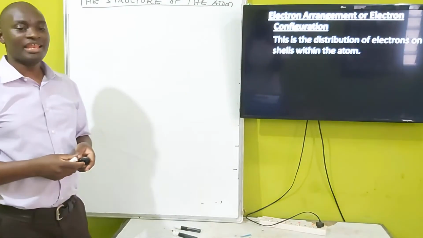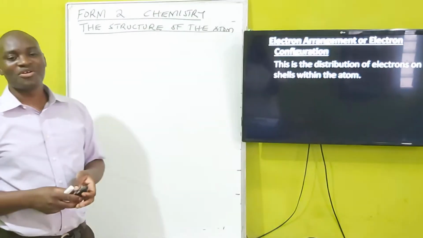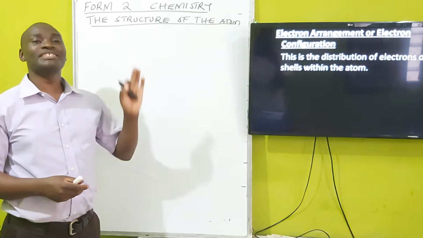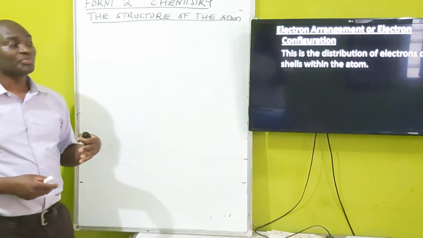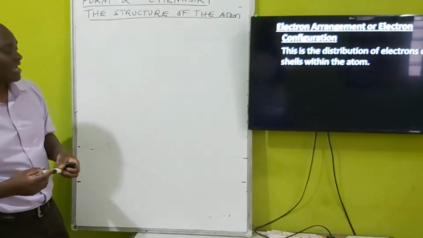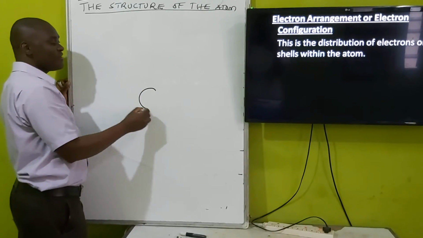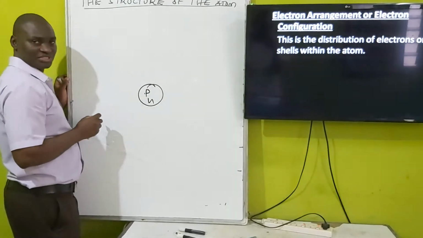Electron arrangement is also called electronic configuration or electron configuration, which is actually the distribution of electrons within the energy levels. We said that at the center we have the nucleus, where we have protons and neutrons.